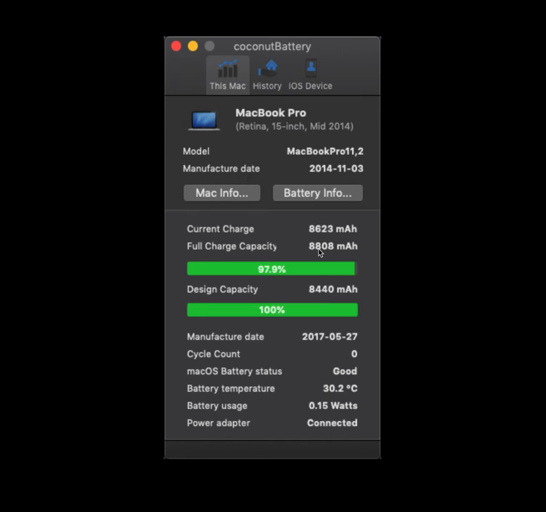Actually, this is saying it has a higher capacity than the design capacity, which I'm not sure makes sense. But don't expect batteries to be exact. If you buy 10 batteries, don't expect the numbers to be identical in all of them. Just as long as they're in the ballpark of what looks good, that's acceptable.